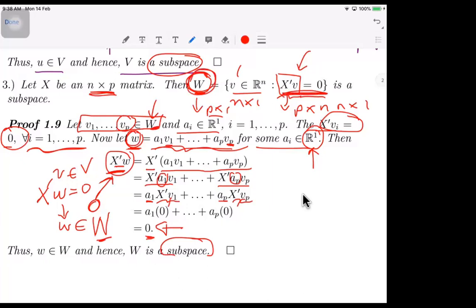If we pre-multiply the vector W by X prime, it is equal to 0. So it means that W is a subspace. Subspace meaning closed under the operation of linear combinations.